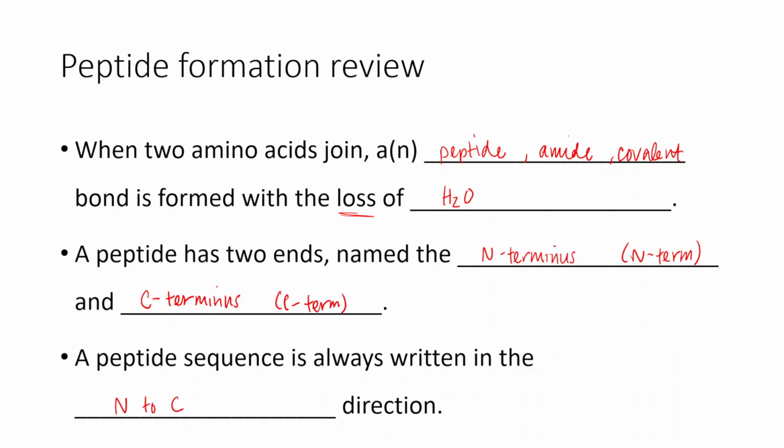So when you look at a peptide, it's important to identify where the backbone is with your amino group, your alpha carbon, your carbonyl carbon. You can trace along that, and then you can figure out which end is the amino end and which end is the carboxyl end. The amino end is where the first amino group hangs off one side. Carboxyl, C-terminus end is where the last carboxyl group hangs off at the end.